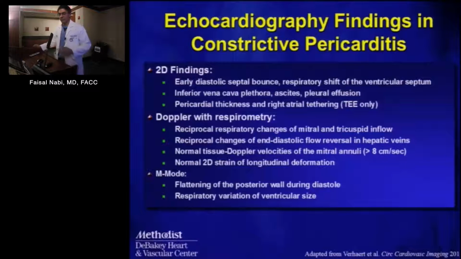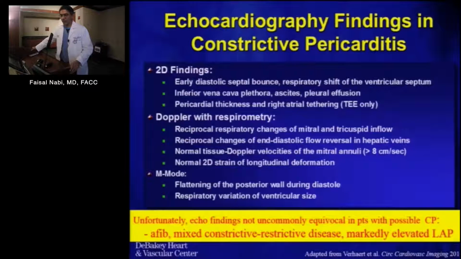Now moving on to constrictive pericarditis, Gopi went along and told you all some very important echo findings of constrictive pericarditis. But, as she had very well mentioned as well, unfortunately, sometimes the diagnosis is not so easy with one test alone. It may require advanced imaging, and it may even require a left and right heart catheterization after that.